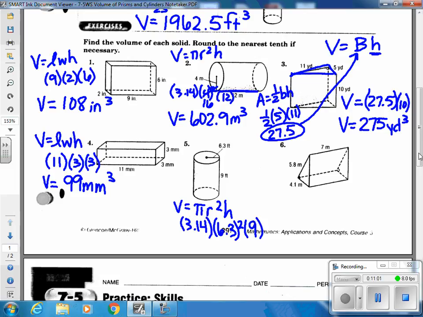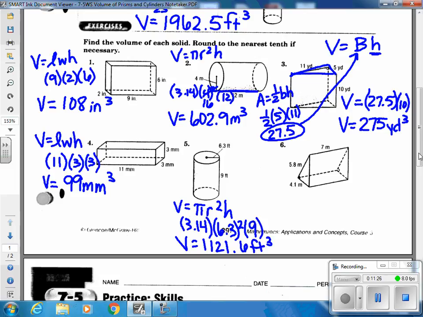Right, so in your calculator, you would start with the 6.3 squared, leave that number on your screen, and then do times 9 times 3.14. Right, and when you come out with an answer, it should be 1,121.6 feet cubed. If you don't get that and you're trying to use the same number as I am, then I need to look at how you're typing things in the calculator because something's not coming out right.